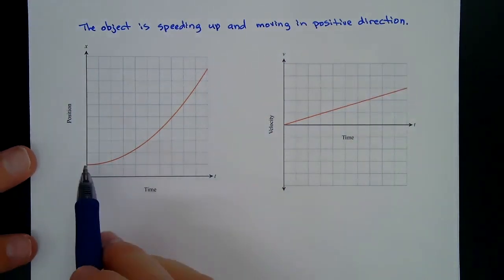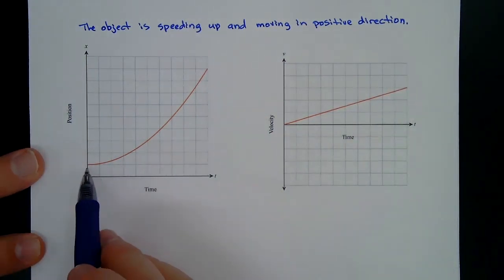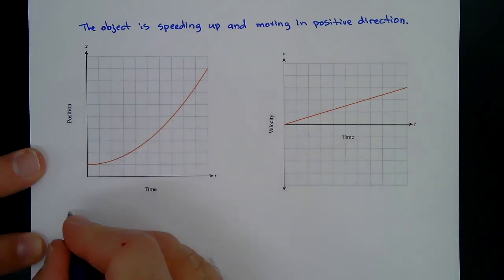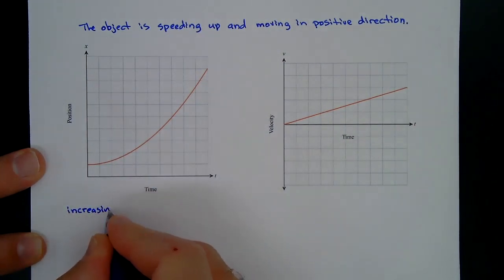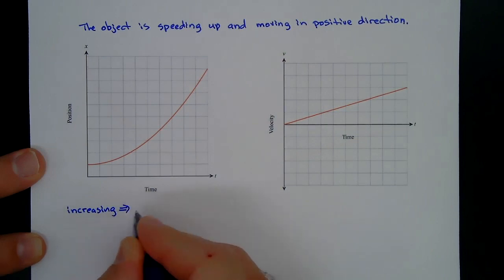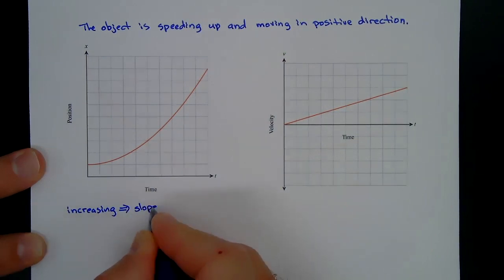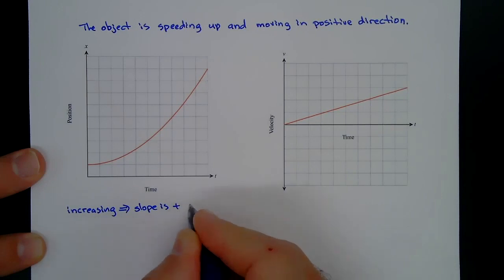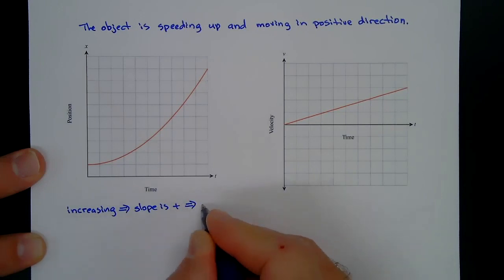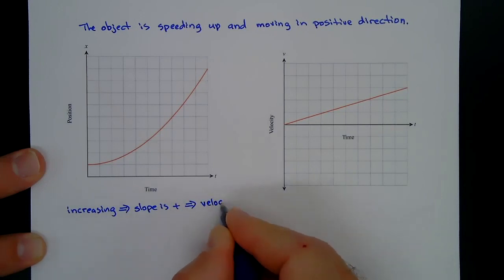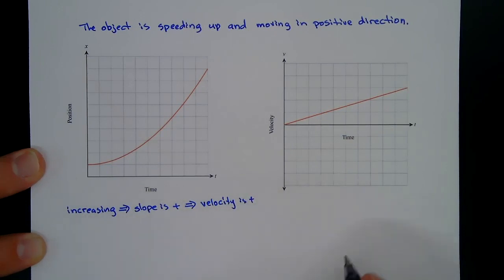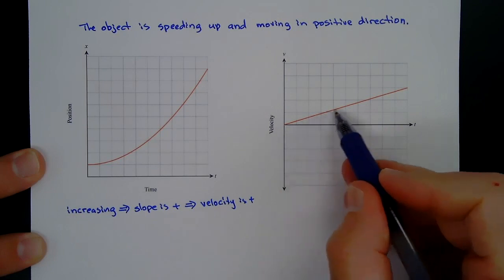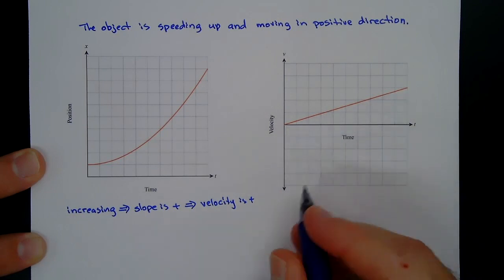So if you look at this graph, position time, we see it and it's increasing. Which tells me slope is positive, which tells me velocity is positive. Over here, the graph is above the horizontal axis.